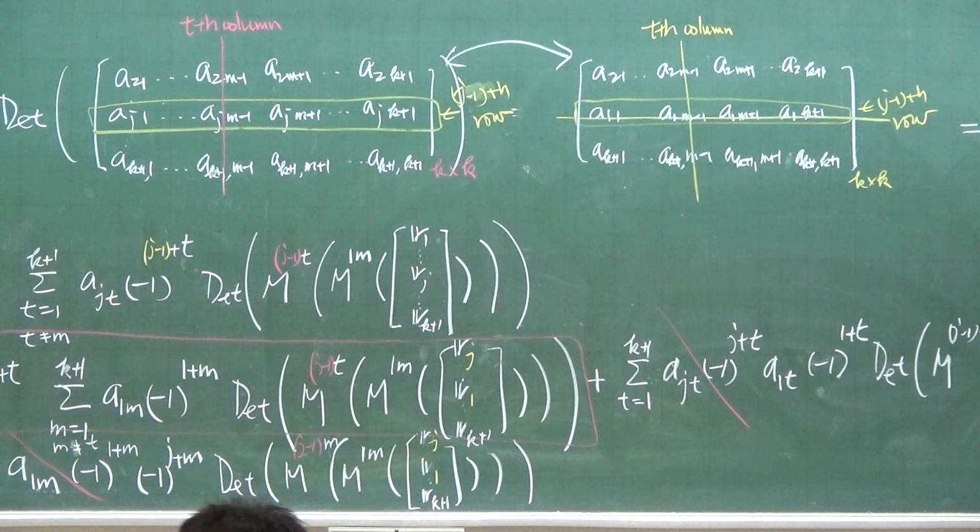And a_1m, j minus 1, would be j minus 1 plus m. Okay? Determinant. And j minus 1. So t and m.